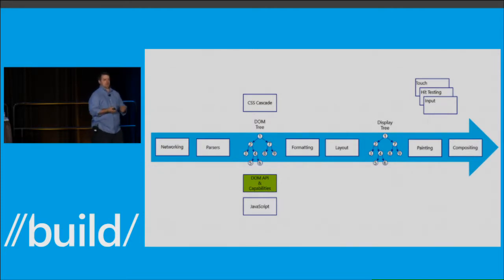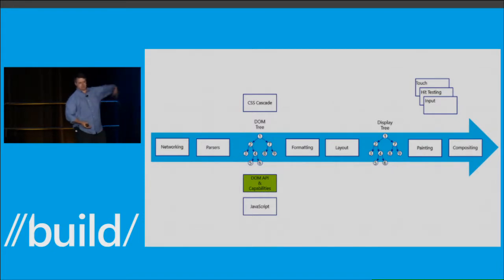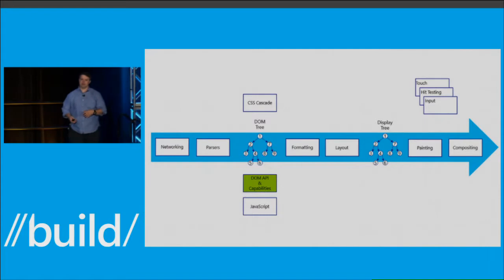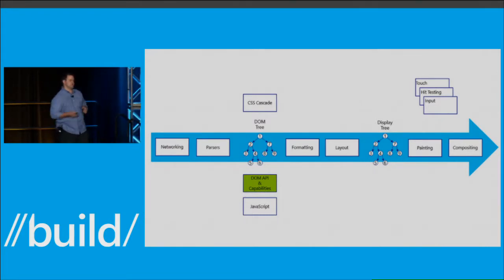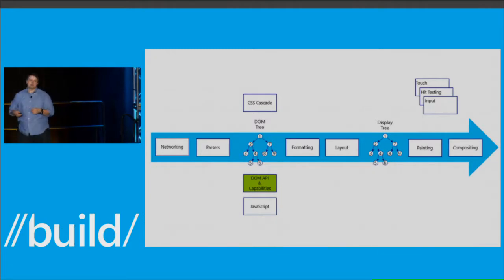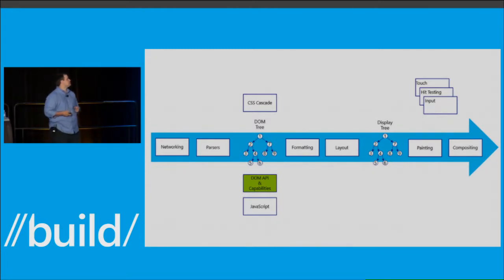So if we think about dynamically loading content after our initial page load happens, we go off and we issue an XHR request. We pull additional content back down inside. It goes into the JavaScript sandbox, and we execute from there. Now, of course, the content that we download can be used to manipulate the DOM tree and manipulate the CSS. So we start to see that part of the pipeline come together.